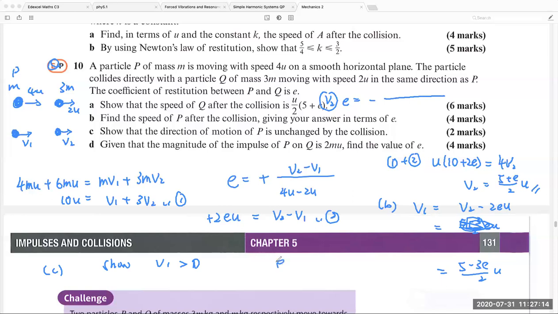You start from the definition of e. So e is between 0 and 1, then negative 3e is between 0 and negative 3, and 5 minus 3e. Wait, aren't you multiplying negative 3 on both sides?